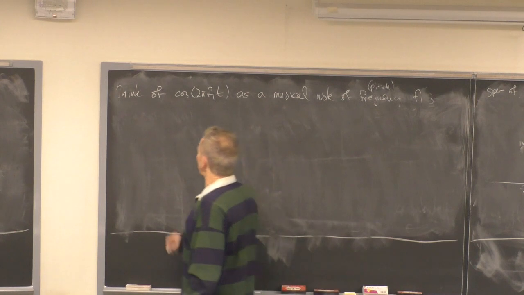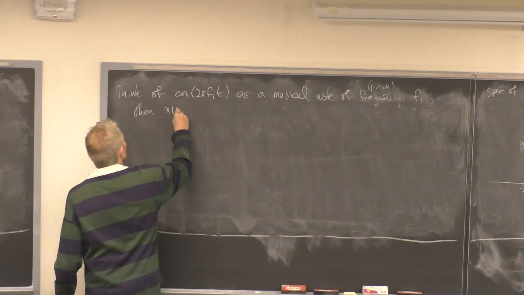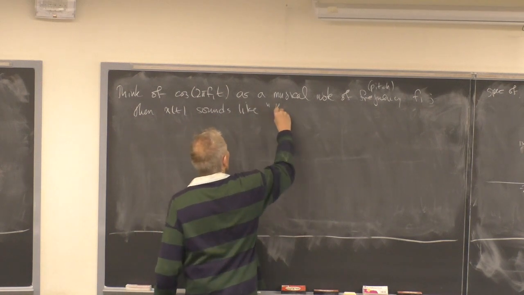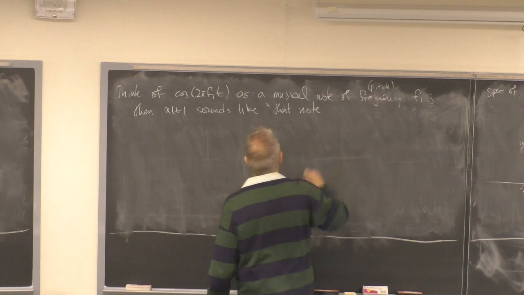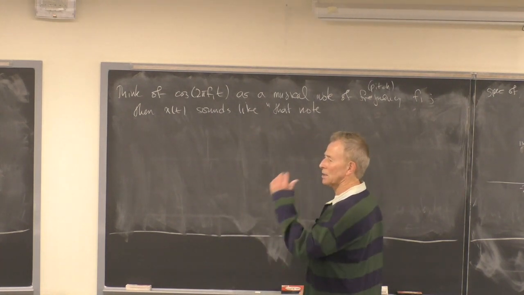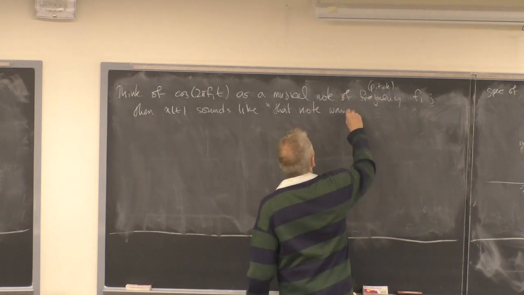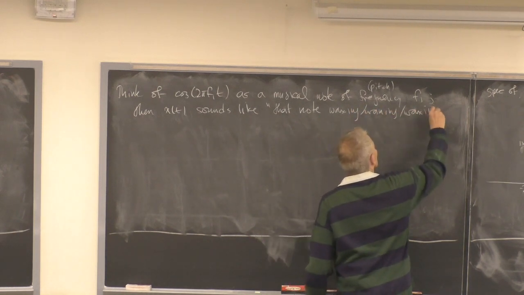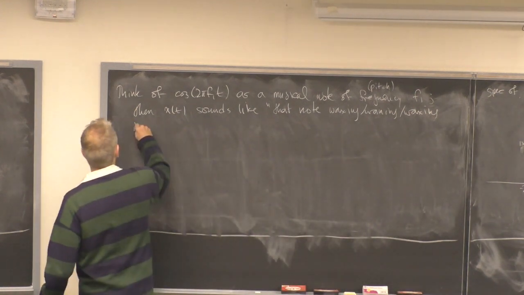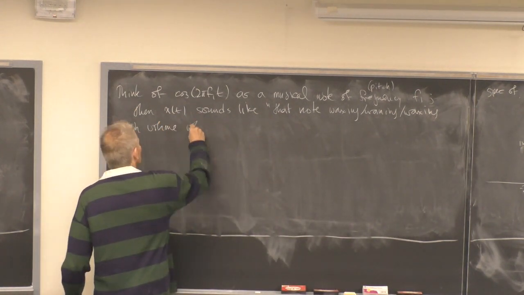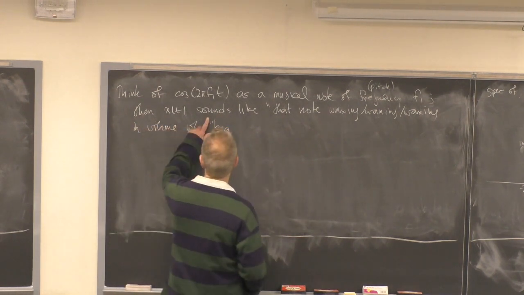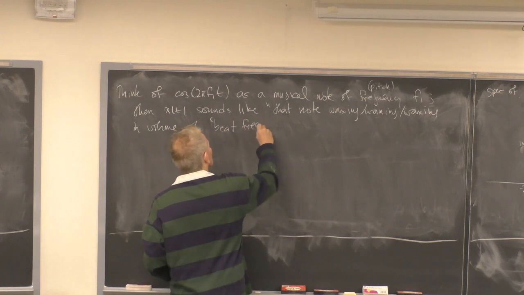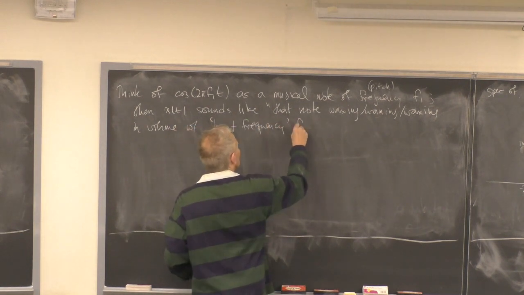Then x of t sounds like, quote unquote, that note waxing and waning and waxing and waning and waxing and waning in volume, etc., with quote unquote beat frequency, and I guess I have to use single quotes because this is an embedded quotation, f0.